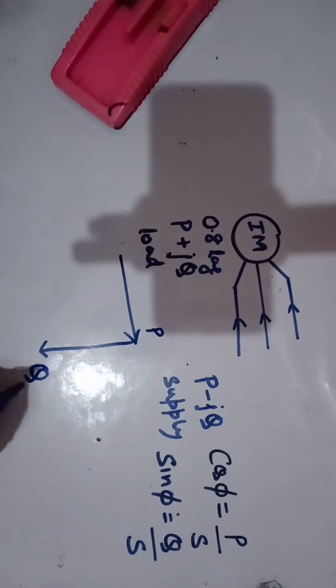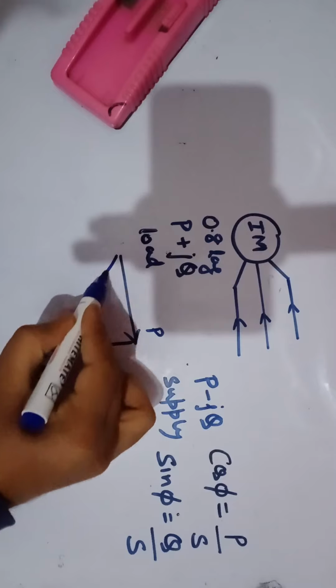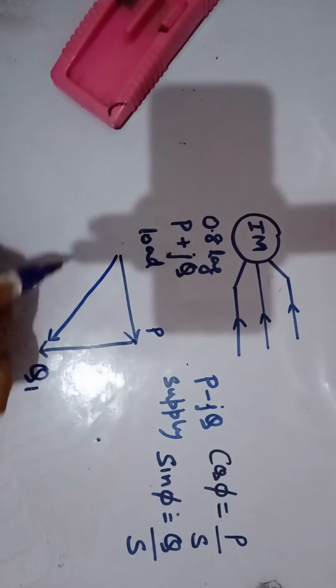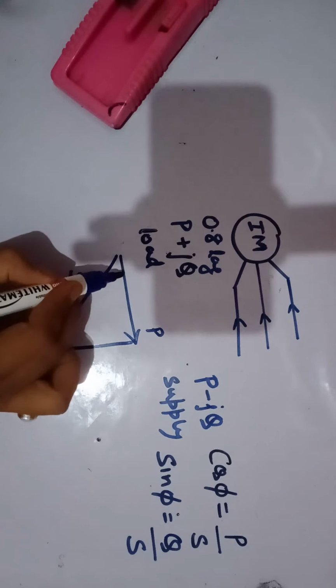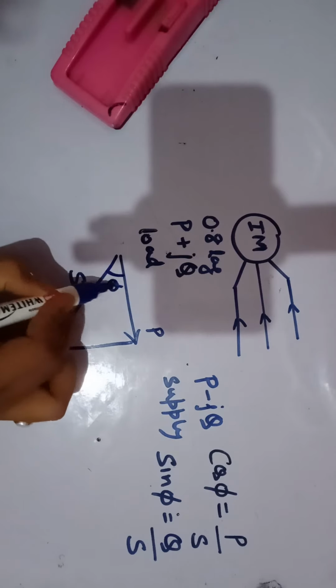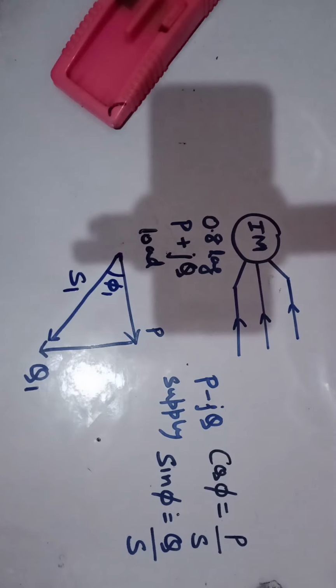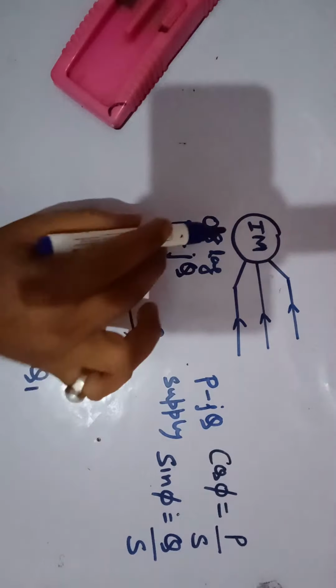Now this I can suggest as Q1, and this is my S. Now S1 I am putting it, and this will be my phi 1, as I have already suggested to you.